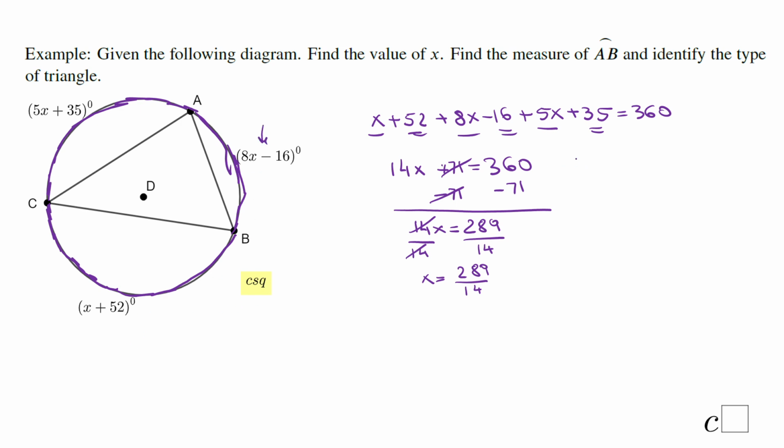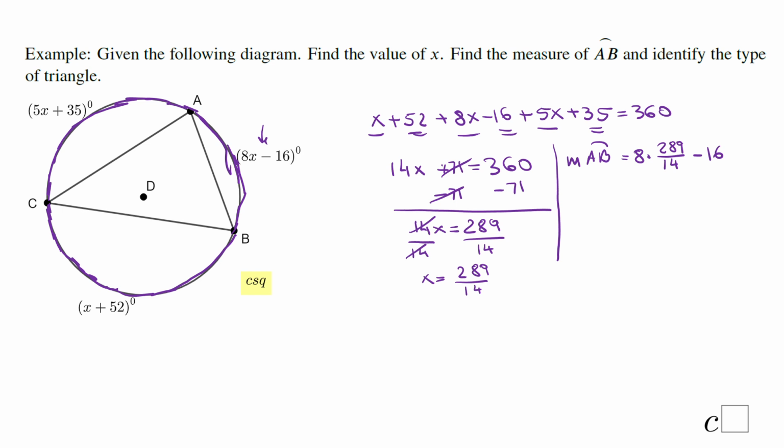So the measure of arc AB is 8x minus 16. So it's going to be 8 times x, which is 289 over 14, minus 16. I'm not so sure if this is going to be a nice answer, but we can try to see what's going on here.